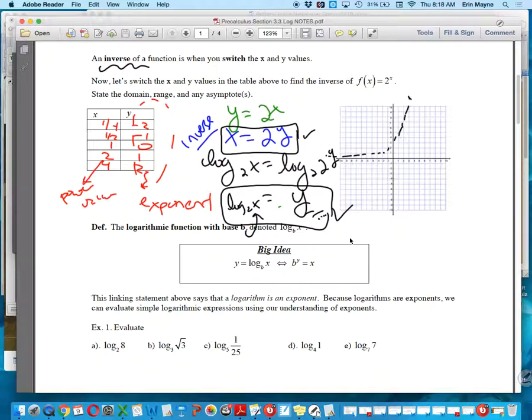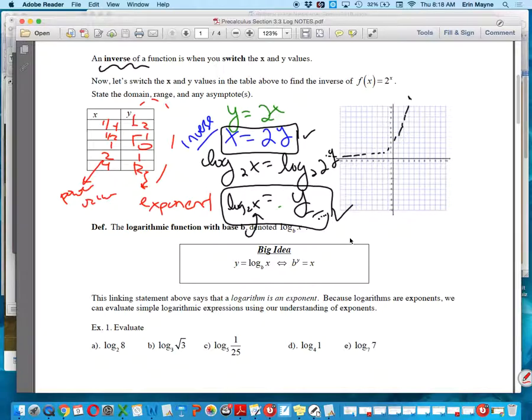Now, there are graphical implications of this, but they follow the same pattern of an inverse. Do you remember the rules of inverse graphs? Graphs of inverses? What do they do? If I graph a function and its inverse, the x and y switch, what would you notice about their graphs?